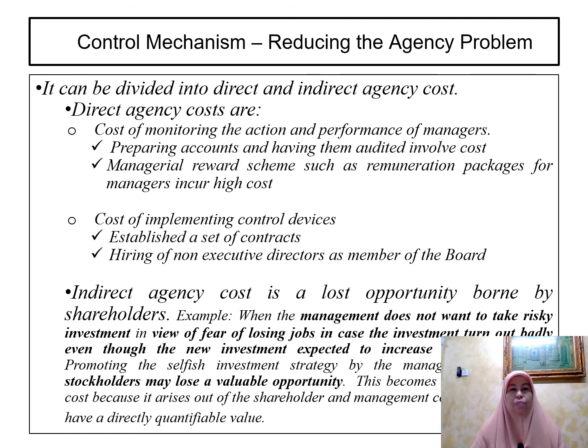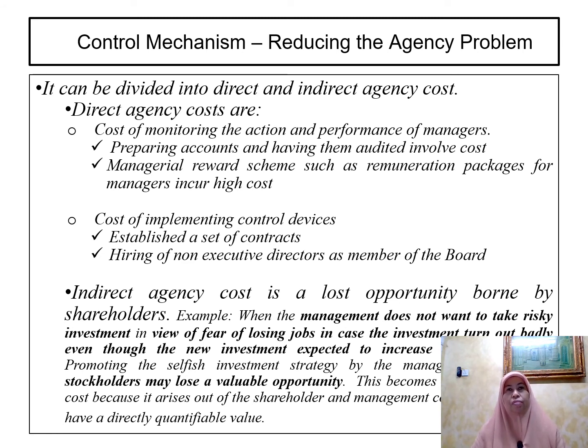Okay, the cost of implementing control devices is the second direct agency cost, which involves the establishment of contracts. The contract must lay out the terms and conditions in terms of the job descriptions of the managers, together with the benefits in kind that the managers will get. Then also the hiring of non-executive directors as members of the board that will oversee the performance of the executive directors.